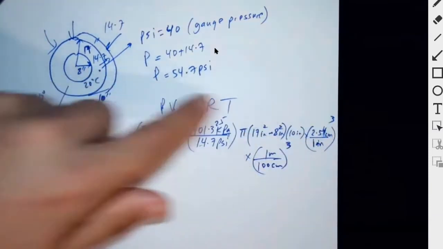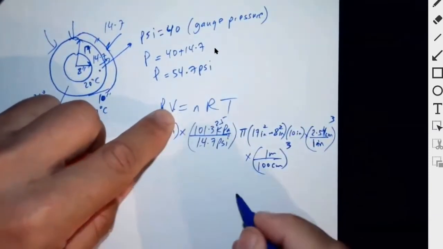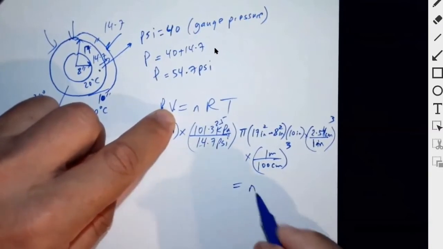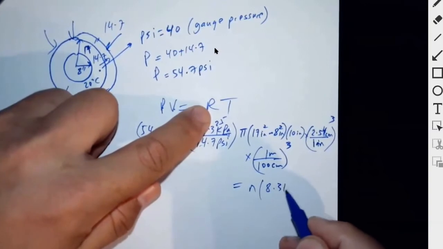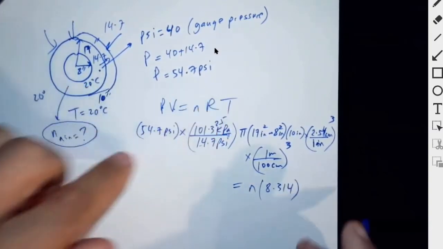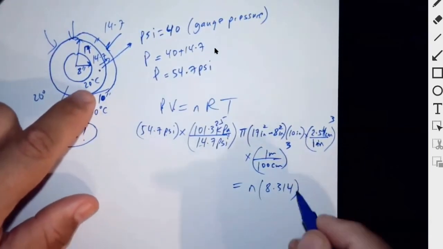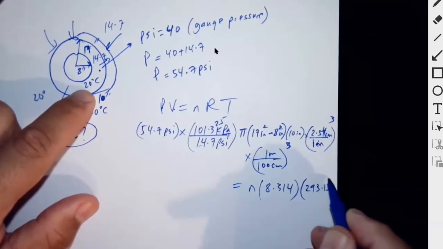Okay, now all this is on the left side. You see? And then that's equal to the number of moles of air times the gas constant times the temperature, which is 20 Celsius, but you got to convert to Kelvin, right? 293.15.